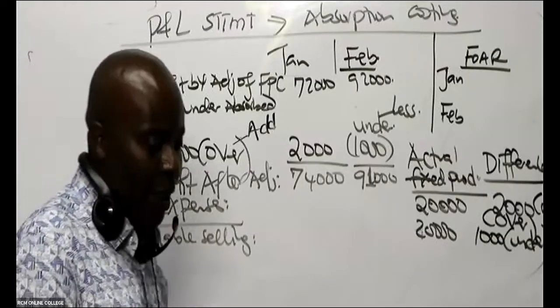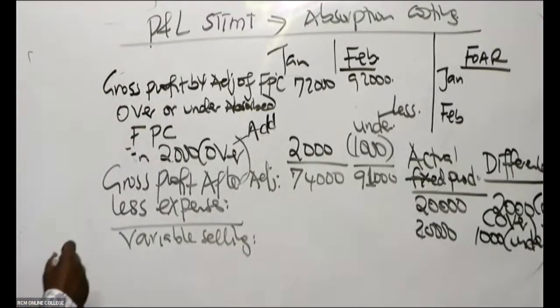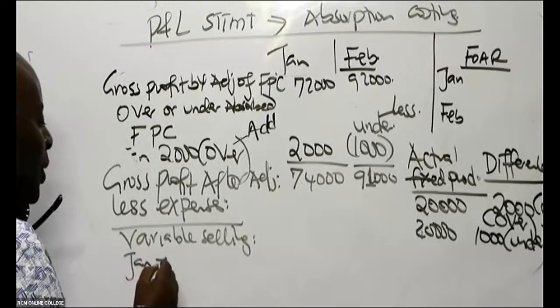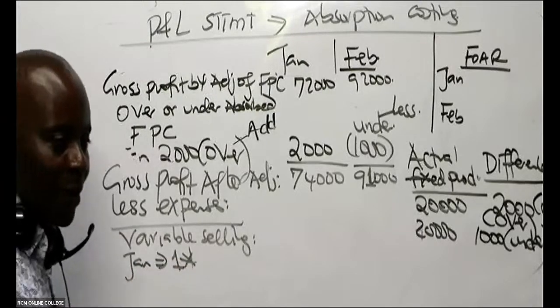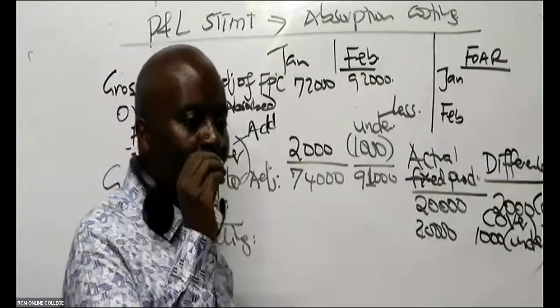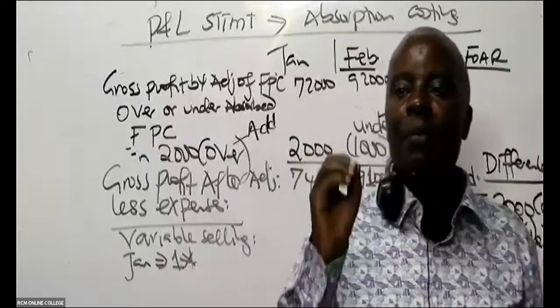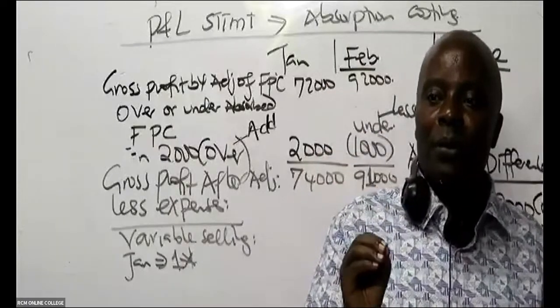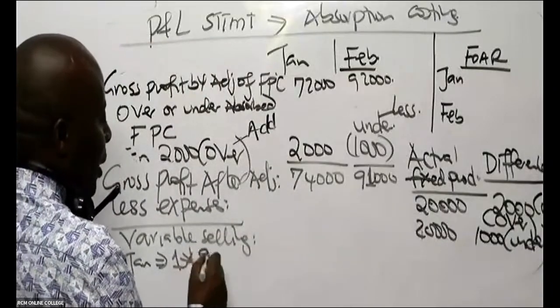So variable selling, are you able to see the variable selling per unit? Yeah. So in this case here, variable selling January, you're saying it's 1 times how many units? Times the number of units you sold in January, because a selling expenditure can never be associated with production. So in January we sold 9,000.